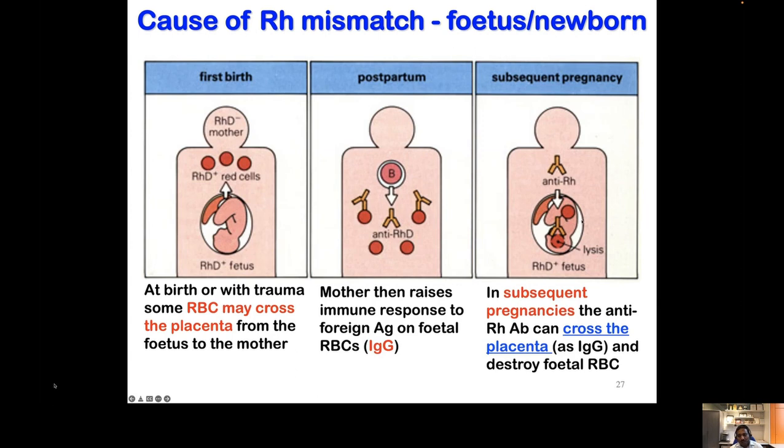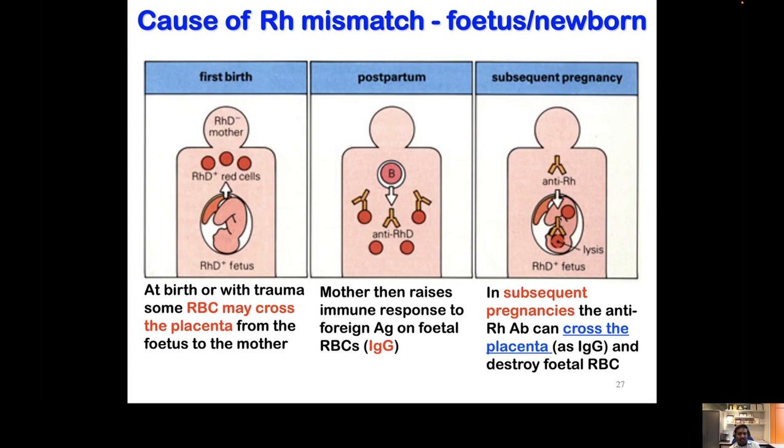Remember that only IgG molecules can cross the placenta, not IgM molecules. When they cross the placenta, they will bind to the newly formed red cells, agglutinate and lead to lysis. This lysis can destroy the growing fetus or cause a lot of problems when childbirth is happening. So this is really important.